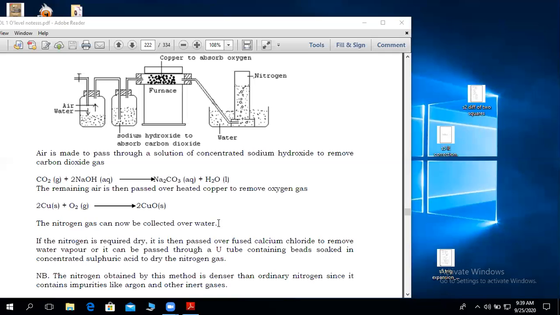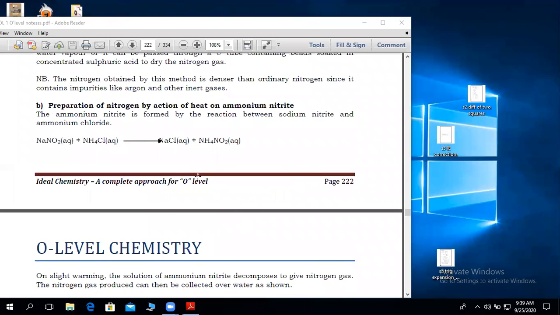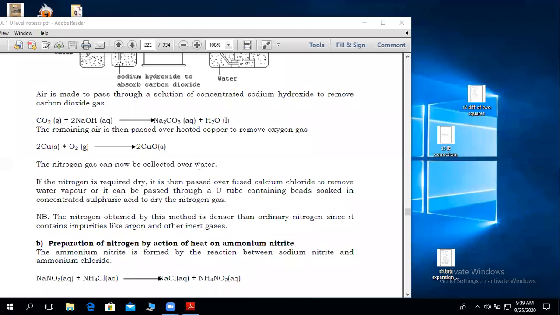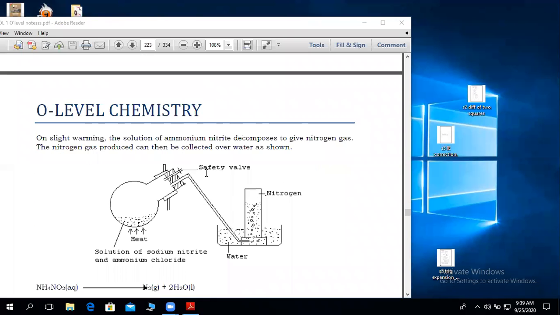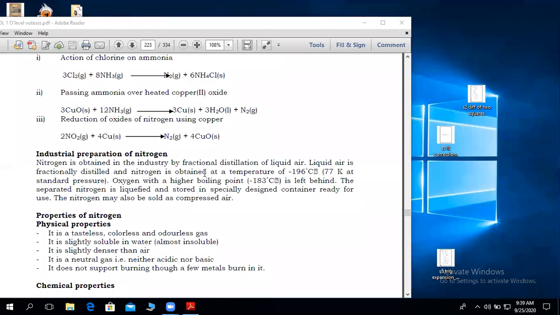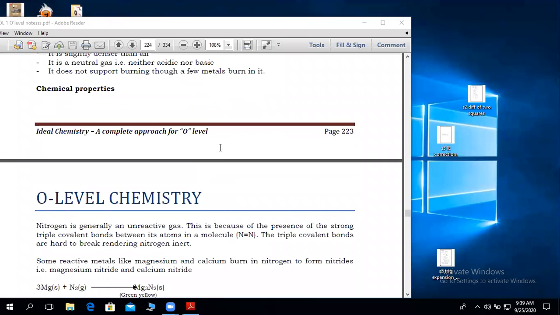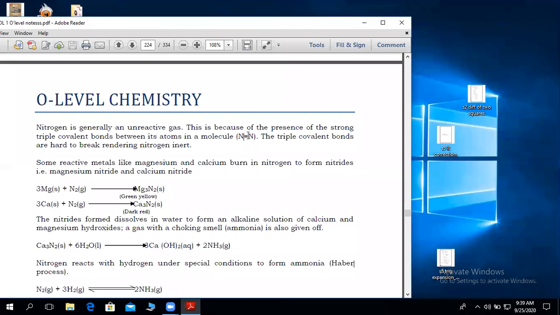Now, what is the valence of nitrogen? The valence of nitrogen is 3. So if it is 3, it means the nitrogen atoms must be held together by a triple bond, 3 bonds, because its valence is 3.